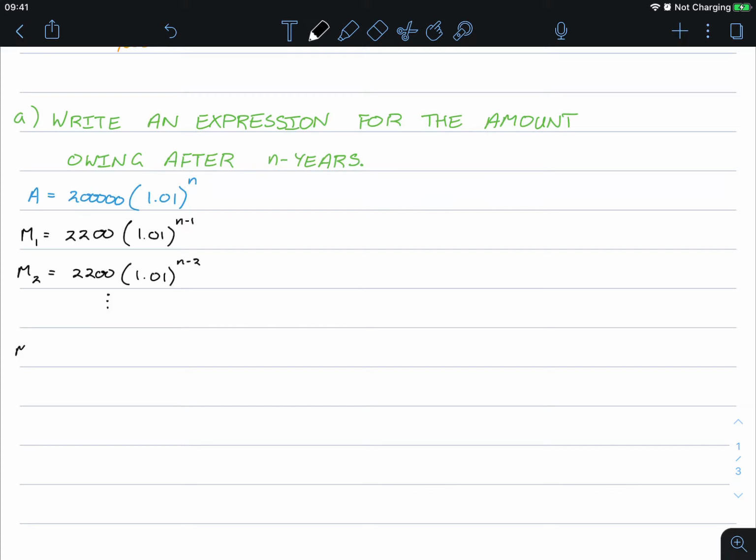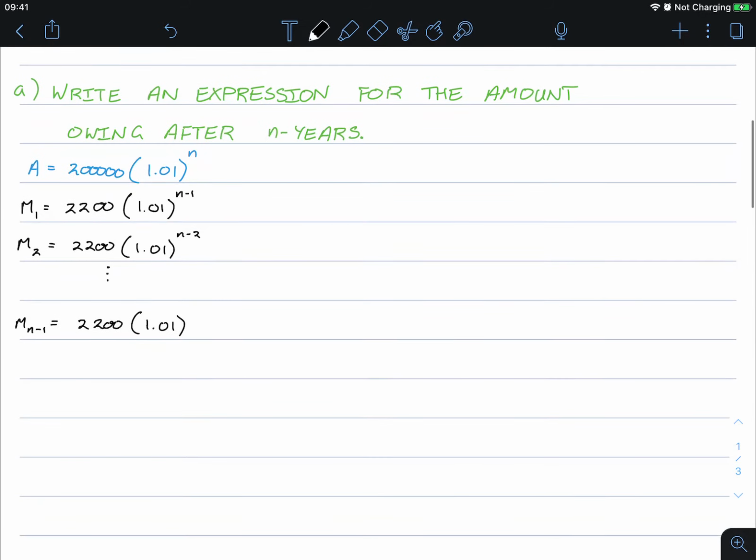This moves right until the second last month, it's going to equal 2,200. This will receive 1 month of interest. And the very last payment is going to be just the payment itself.